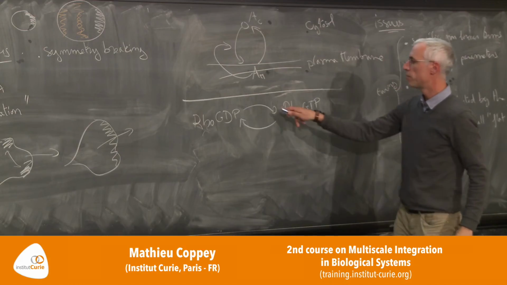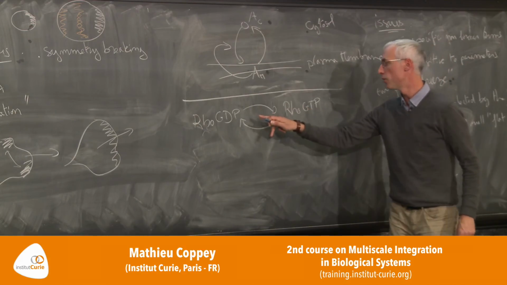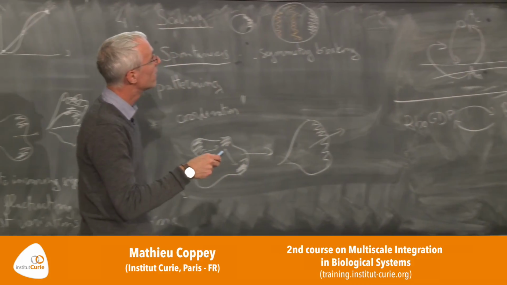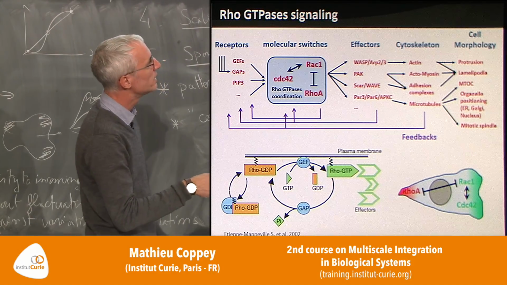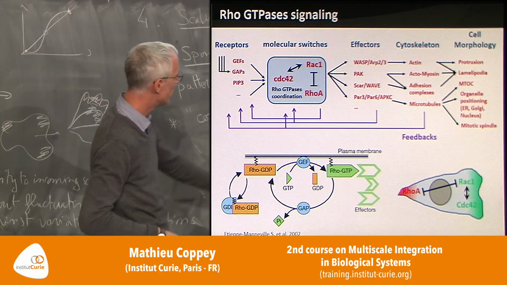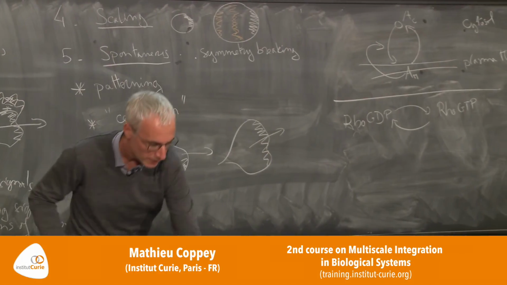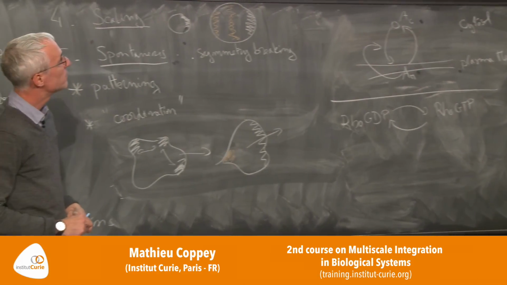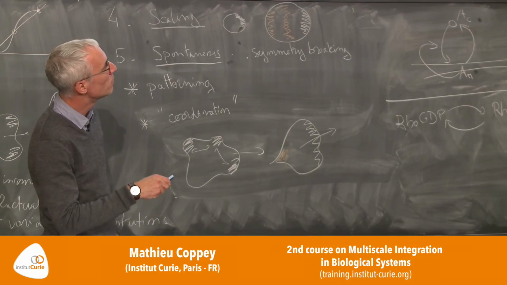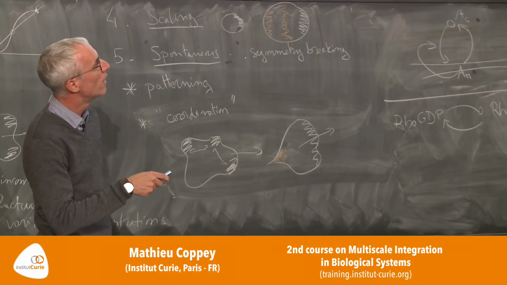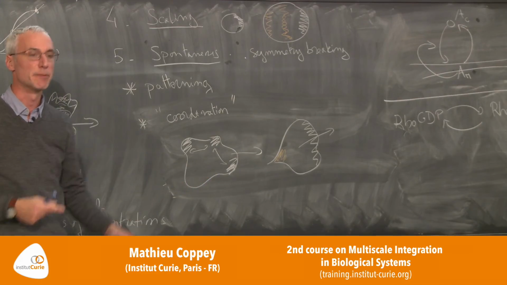They are activated by some proteins and inactivated by others, and they shuttle. There are three canonical ones: RhoA, Rac1, and Cdc42. Rac1 and Cdc42 are known to be active at the front, that patch here, and RhoA is known to be active at the back. Since they have this pattern, and we know there is some relation between both, the general idea was that there is a crosstalk between both, and they exclude each other to make this pattern.